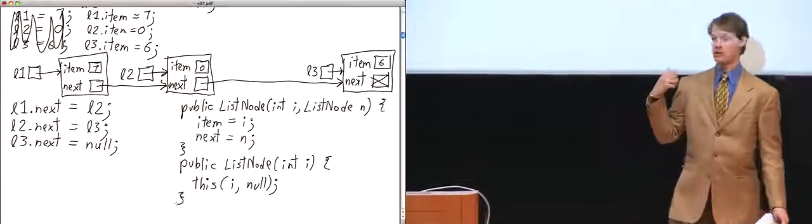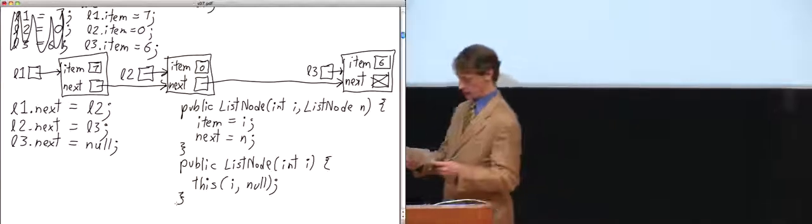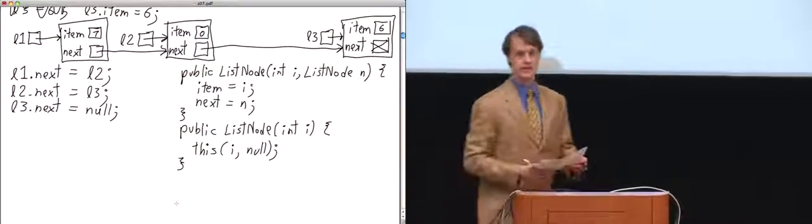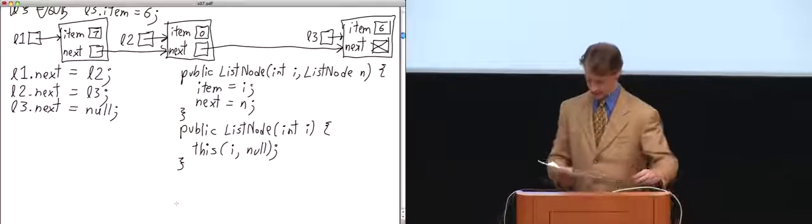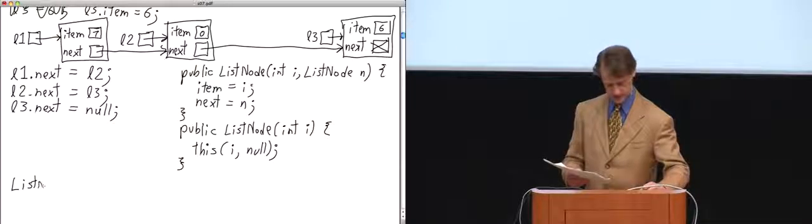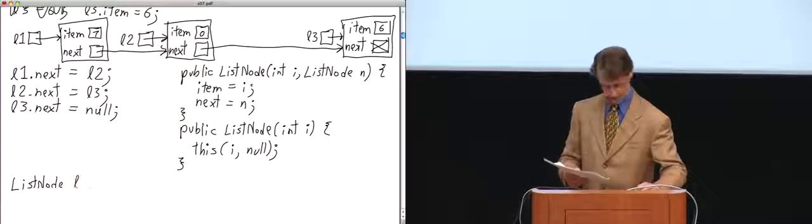So now that I have these two constructors, I can use them to emulate the cons operation in Scheme and Lisp. And thus, I can construct the same list that I just constructed with one line of code.